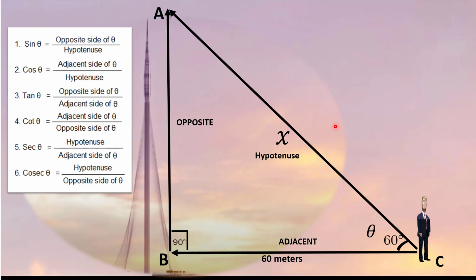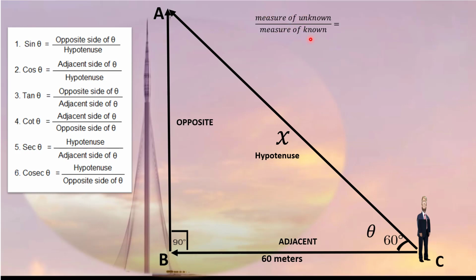Now you need to write the ratio of the sides. You know trigonometry studies the relations between the angles and the sides of a right angled triangle or a right triangle, right? So here theta, that is 60 degrees, is equal to the unknown side over the known side.